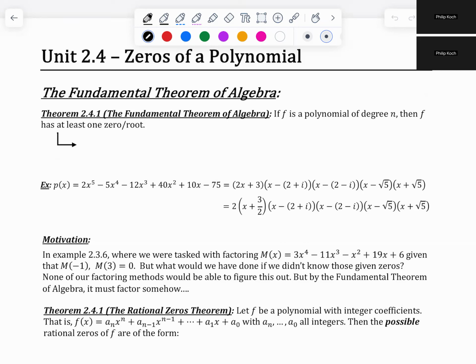The fundamental theorem of algebra was discovered by Carl Gauss. I think I've mentioned his name before. If I haven't, no big deal. Gauss is probably one of the most famous mathematicians, specifically because he was considered the last mathematician who knew everything about mathematics.